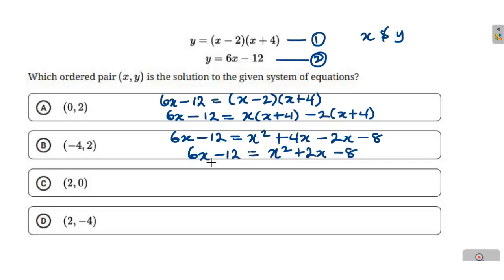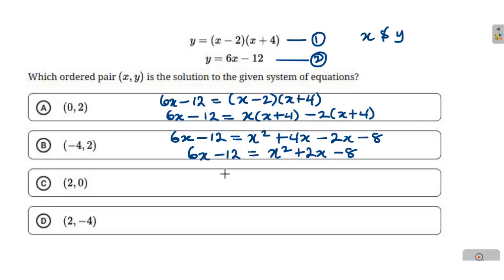Okay, so let's rearrange this. We can say x squared plus 2x minus 8, then 6x is coming here, will be minus 6x, and minus 12 is coming here, will be plus 12. Everything will now be equal to 0. Basically what I did there, in case you didn't get it, is I want to move all these terms to this side, so the only thing that will remain here will be 0.